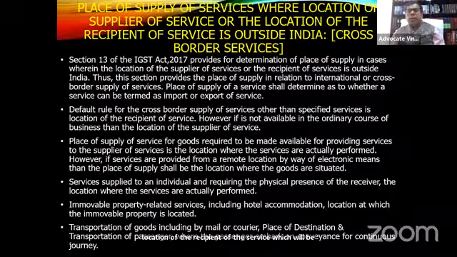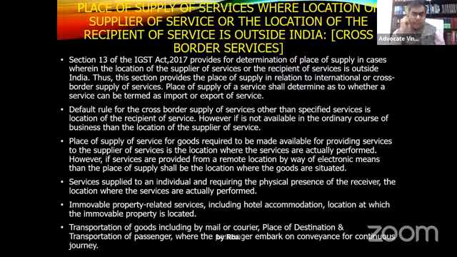Now in the case of export of service, there are 5 conditions which are essential to be established. That is, the supplier of the service is located in India, the recipient of the service is located outside India, the place of supply of the service is outside India, and payment of such service is received in convertible foreign exchange or in Indian rupees wherever it is permitted by RBI.